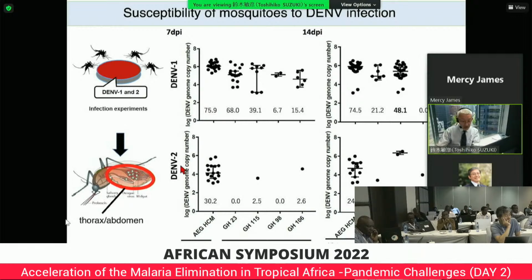There are significant differences in the colonies' susceptibility to virus infection. All examined Ghanaian mosquitoes were refractory to infection by serotype 2 virus, while some colonies exhibited susceptibility to serotype 1 virus. Of course, further studies are necessary.